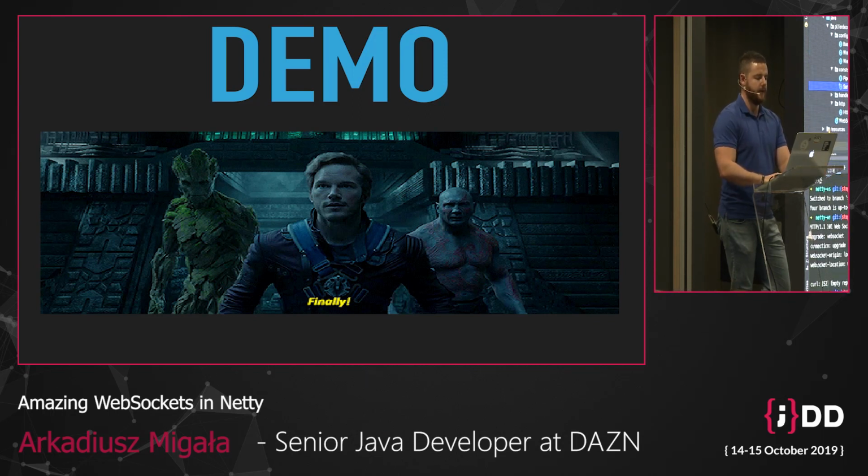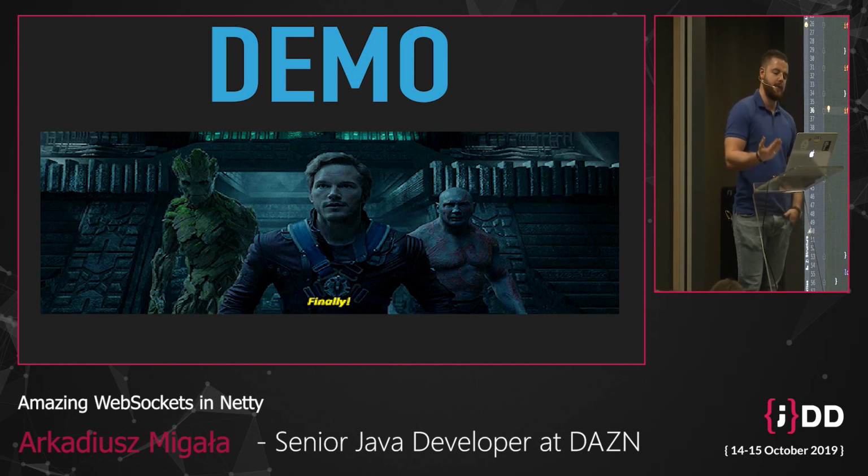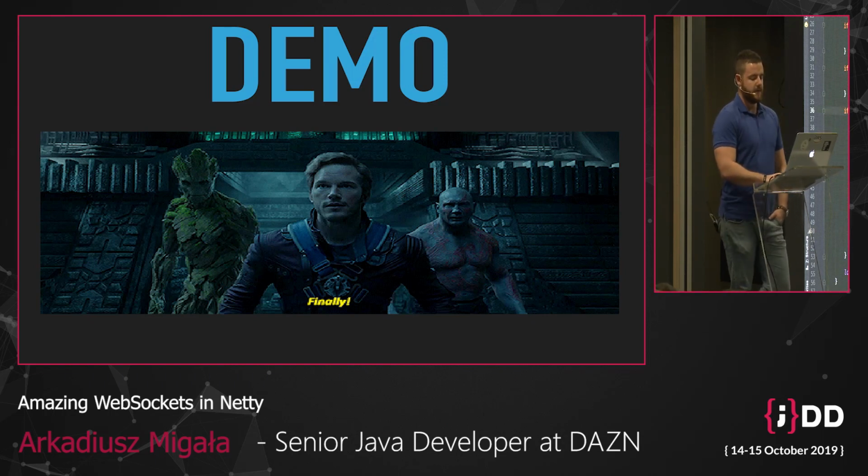And in step 3, we will take a look at our WebSocket frame handler. Now we are able to also handle WebSocket frames. So basically we are taking a text from these WebSocket frames, and here we establish some protocol.